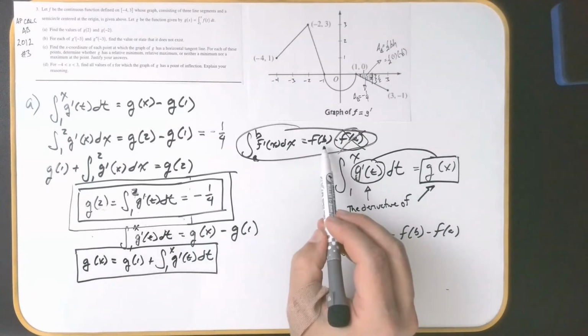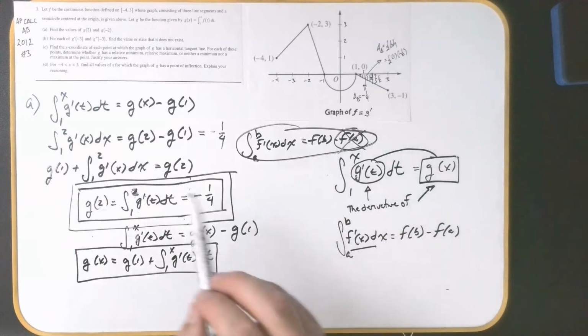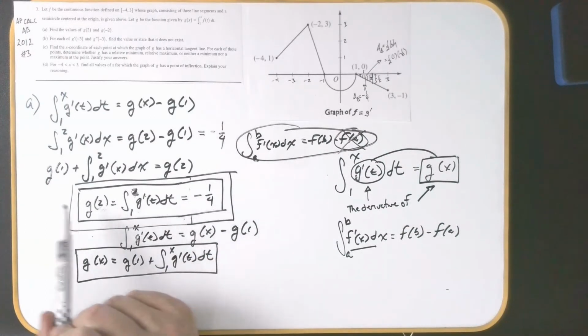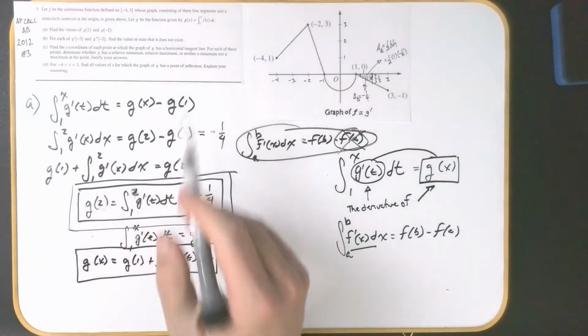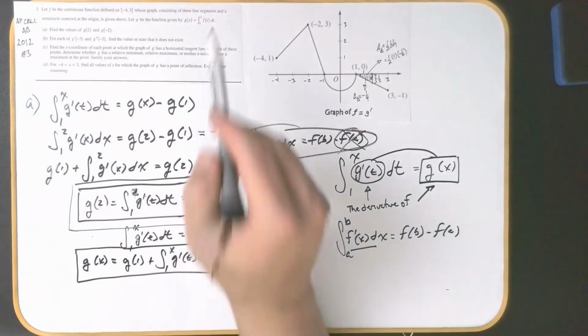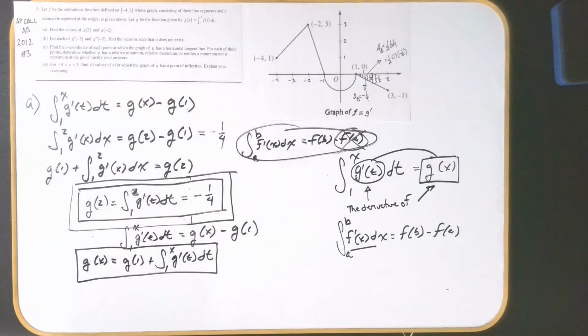And so f of b, which for this case was 2, didn't need this value. You might be sitting there going, it's negative 1/4 plus g of 1, but it's not given, and you're thinking I did something wrong. You didn't. So tuck this one away: by definition, you wound up not having to do the other part of the fundamental theorem. Small little wrinkle, not a huge deal, but it definitely could be confusing if you haven't seen it before.